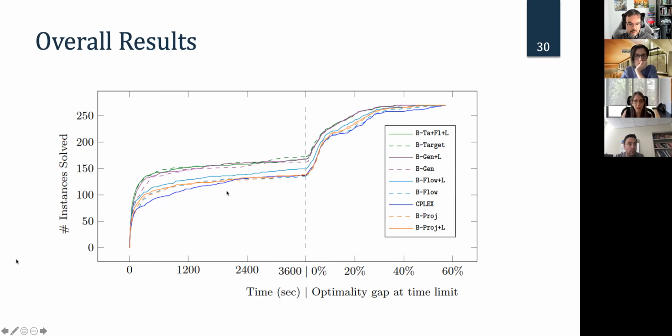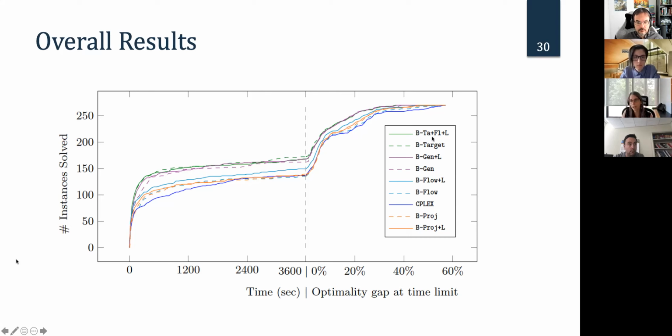So let's see how the techniques are. The higher the lines here, the better the techniques. And what techniques do we have here? Well, all the ones that were solving linear programs. We have the target cuts and the general flow cuts. Here the dashed ones represent that they don't have any lifting procedure, and the ones with the lifting are solid.